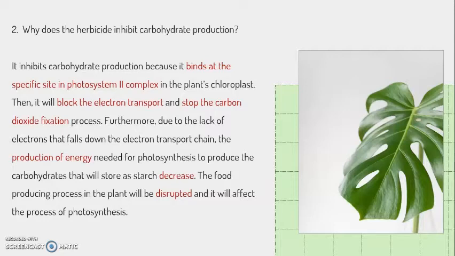Furthermore, due to the lack of electrons that fall down the electron transport chain, the production of energy needed for photosynthesis to produce the carbohydrates that will be stored as starch decreases. The food producing process in the plant will be disrupted and it will affect the process of photosynthesis.